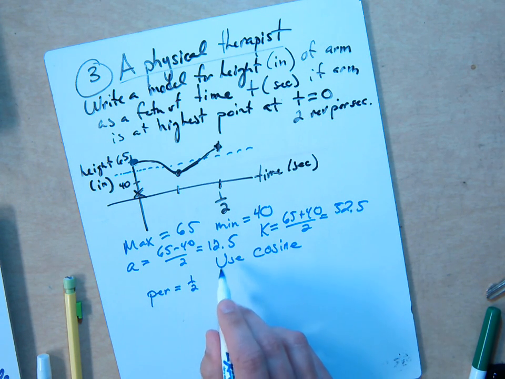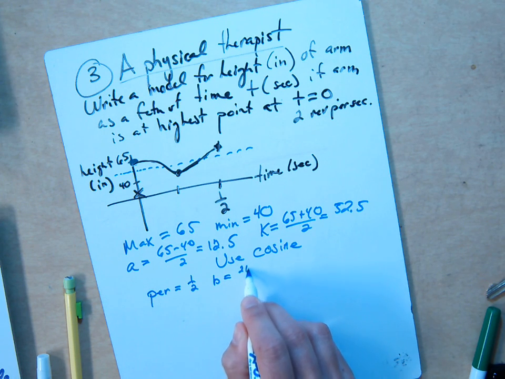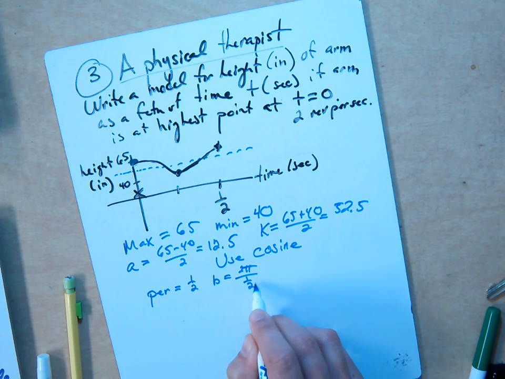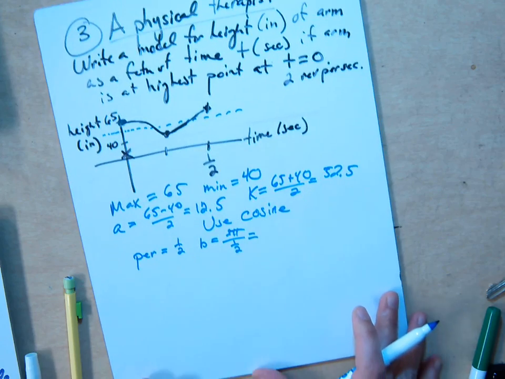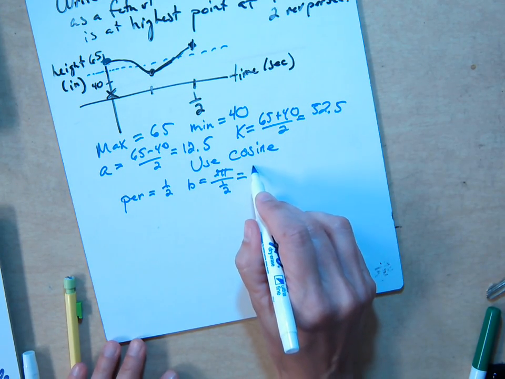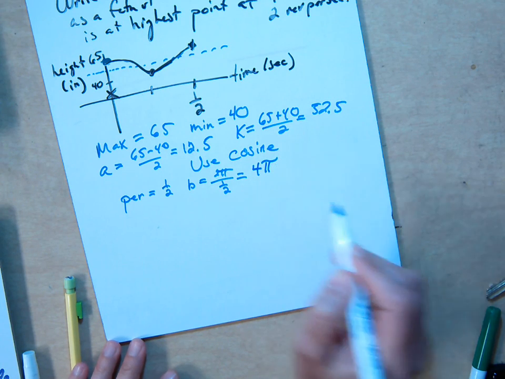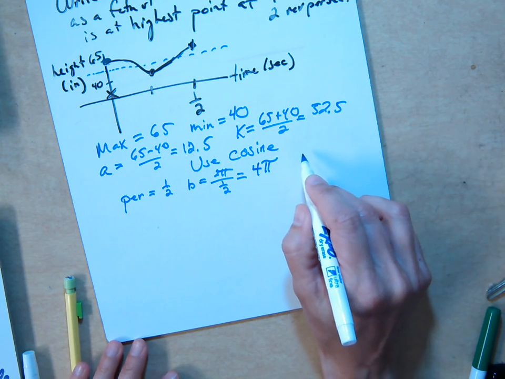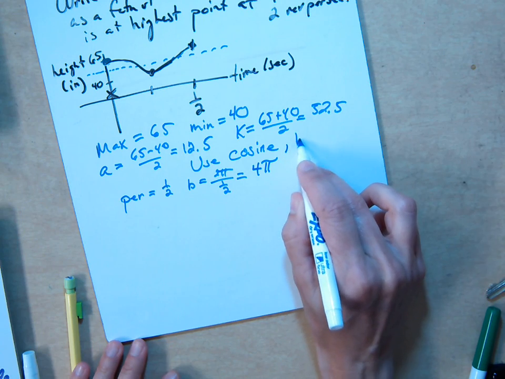So therefore B is 2 pi over the period, which is 4 pi. H: we use cosine so that H is 0.